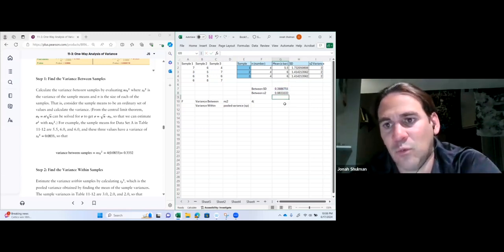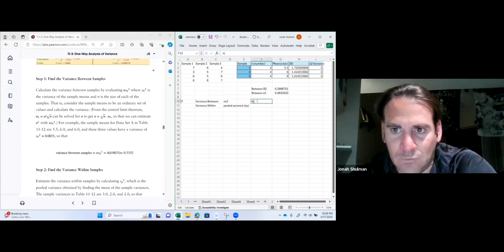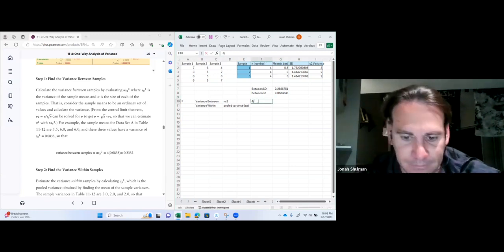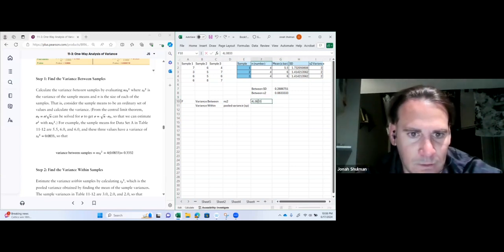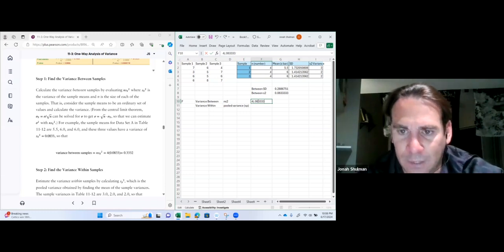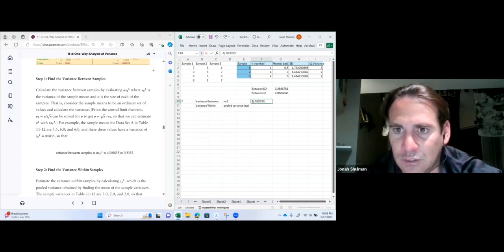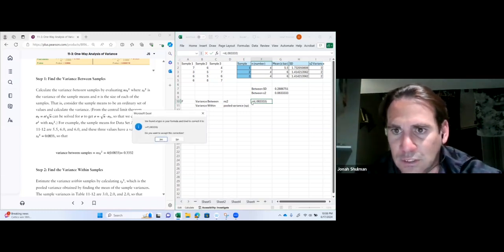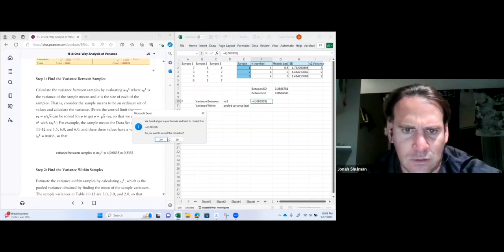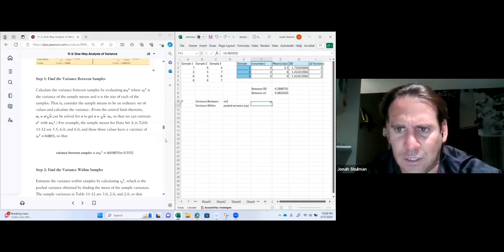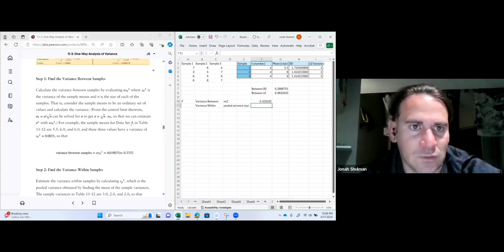And that's how they got that 0.0833. So it's 4 times this value. Then all we have to do is multiply. We put an equal sign in the front. We found a typo. No, I forgot to put the multiply sign. And that's how we get the top, which is 0.3332.